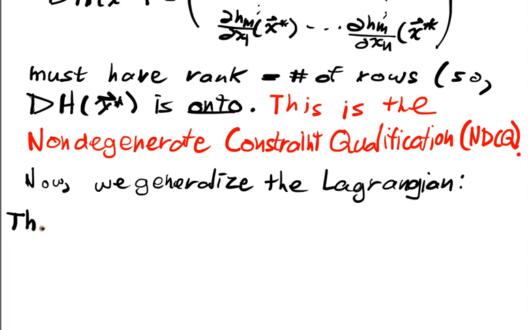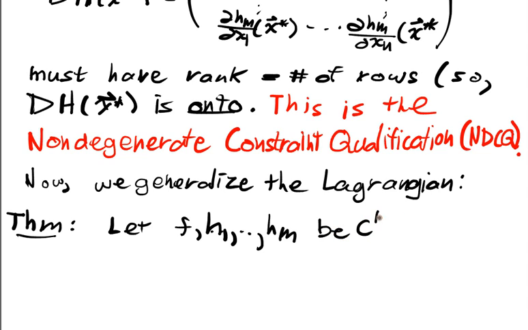Theorem. Let f, h1 all the way up to hm be C1 functions of n variables.